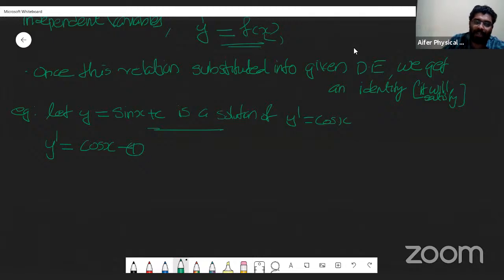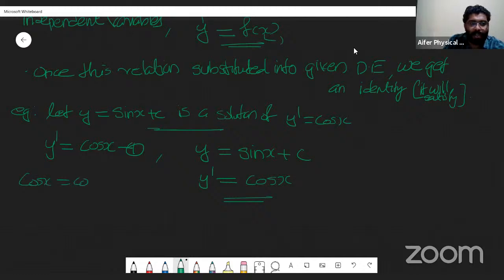This is the given differential equation. Our solution is y equal to sine x plus some constant. Differentiating, y prime is equal to cos x. So if you take y prime and substitute it here, you get cos x equal to cos x. You get an identity, right?